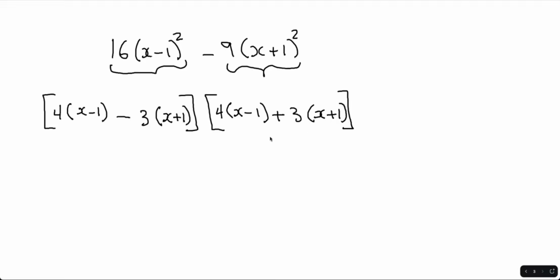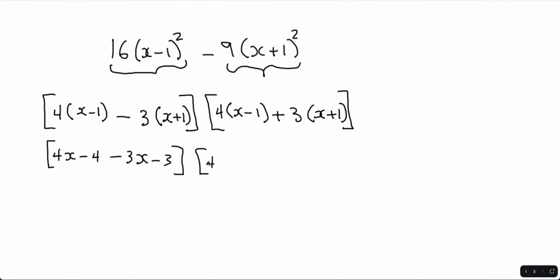Now after this, it's just simplifying. From this step on, you just simplify. So how do we simplify? We simplify by distributing the 4 inside here. So we're going to get 4x minus 4. And then distributing the negative inside there. So it's going to be negative 3x minus 3. And after that, we do the same thing here.